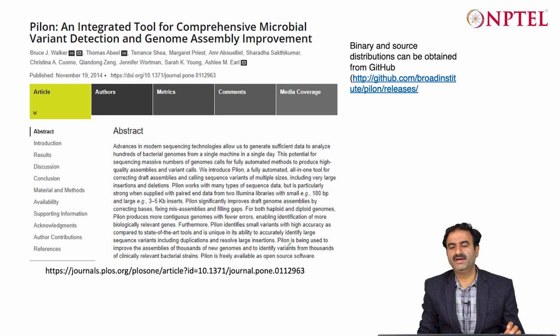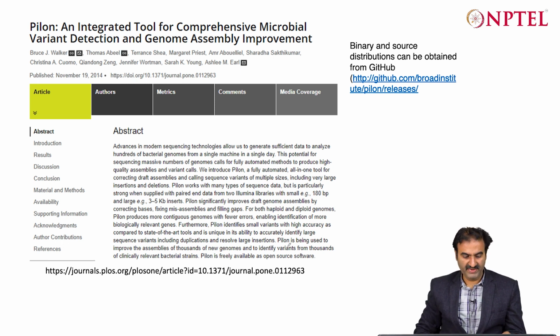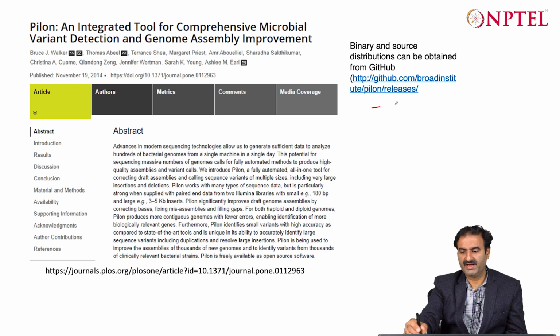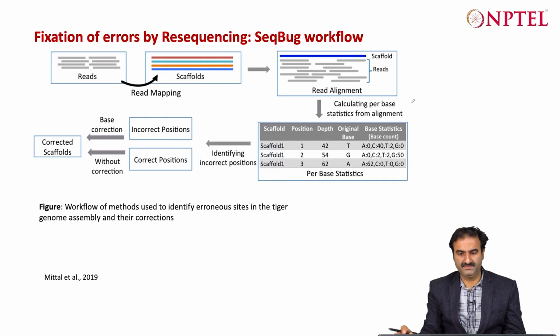So Pilon is a good tool which is used for this purpose, and it's commonly used to correct the errors in the final genome assembly. It was published in PLOS One and is available again at GitHub, which is the source for all the free bioinformatics software that are published.